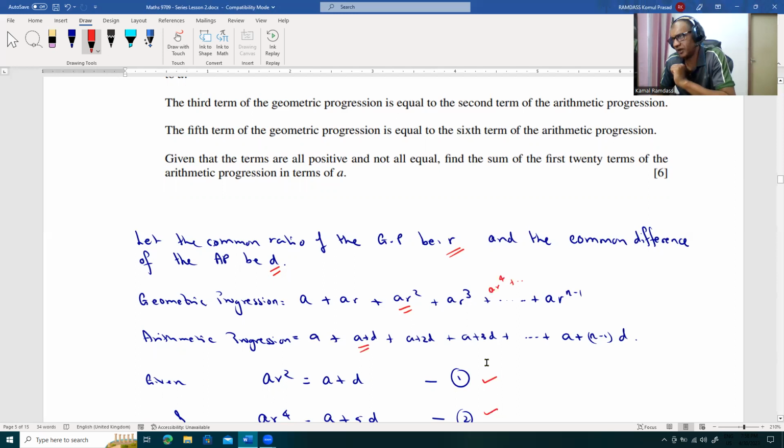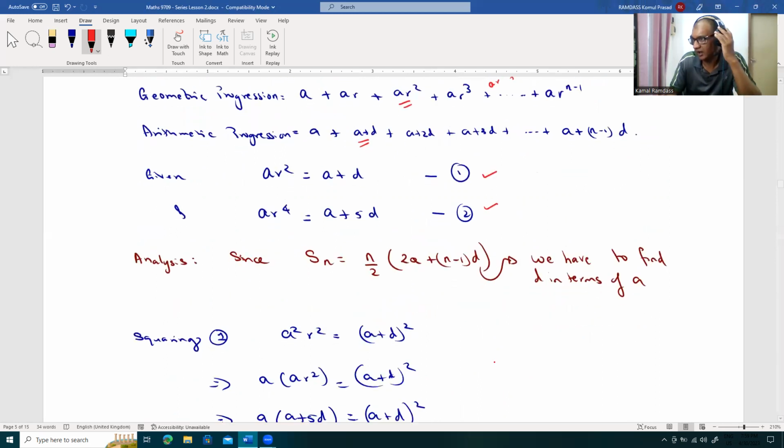Given that the terms are all positive and not all equal, find the sum of the first 20 terms of the arithmetic progression in terms of A. We need to eliminate R. The formula for the first n terms of an arithmetic progression is n over 2 multiplied by (2a plus (n minus 1) into D), or n over 2 into (a plus L).